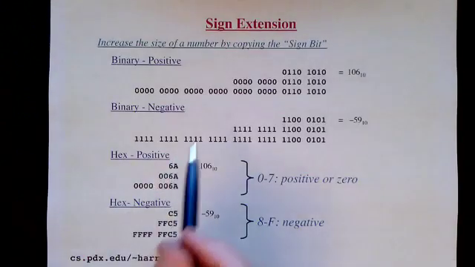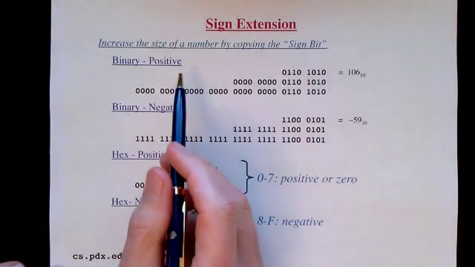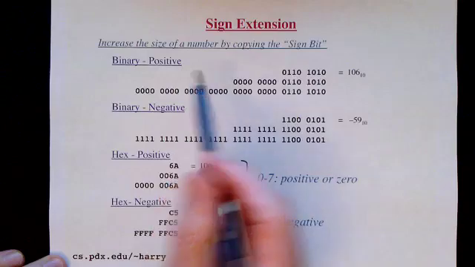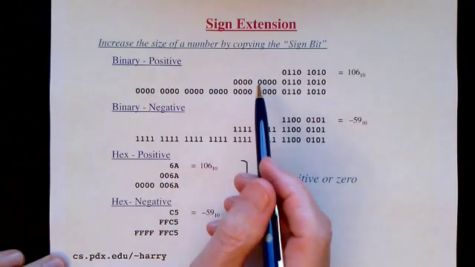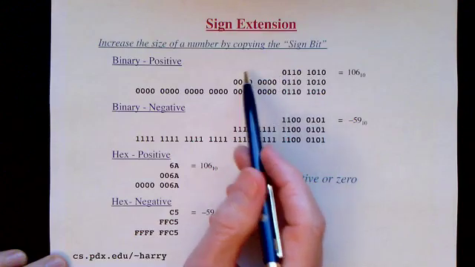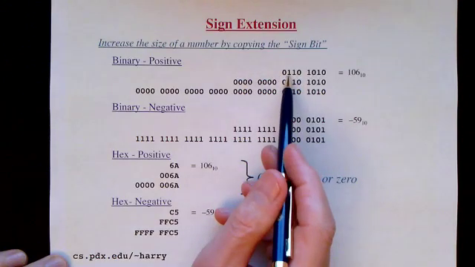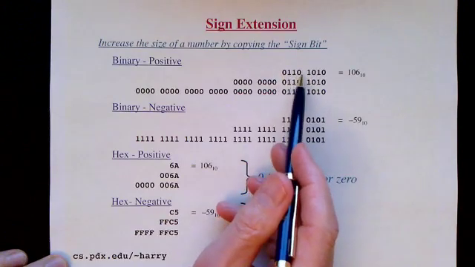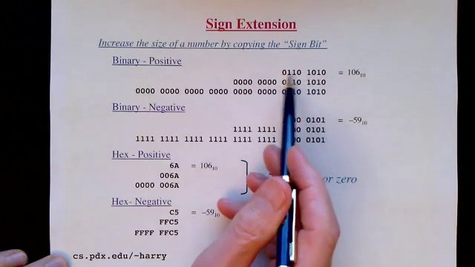Here we see some examples of sign extension. We're increasing the size of a binary number by adding zeros, or I should say extending the sign bit. Okay, here's a positive number. First we have it as a byte, 0110 1010. In hex that's 6A.